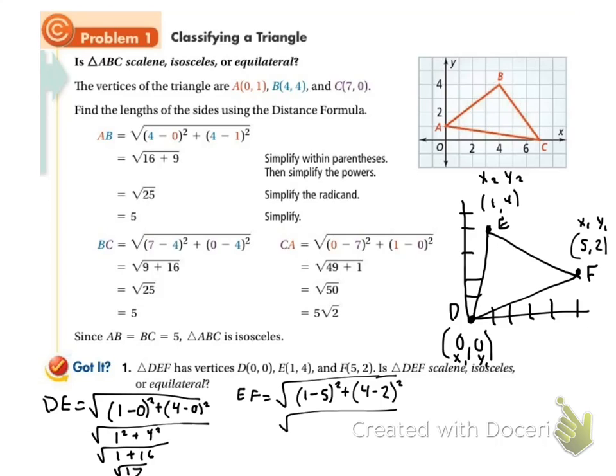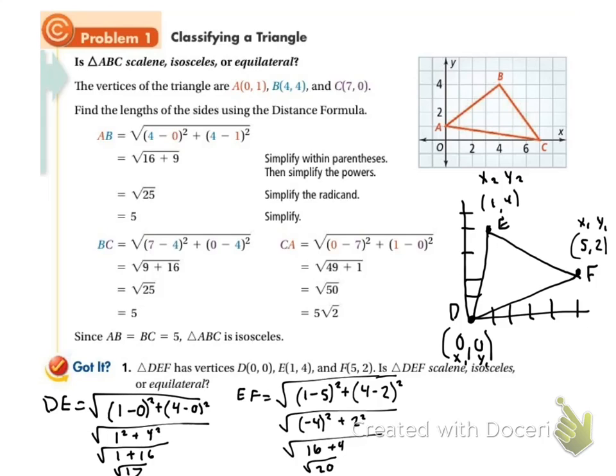So 1 minus 5 is a negative 4. Make sure you're using parentheses around that negative 4. Plus 4 minus 2 is 2, so that's 2 squared. Negative 4 squared is 16. When you're using the distance formula, the numbers that you're going to get are always going to be positive. You would never get a negative 16 there. Plus 4, which is the square root of 20.